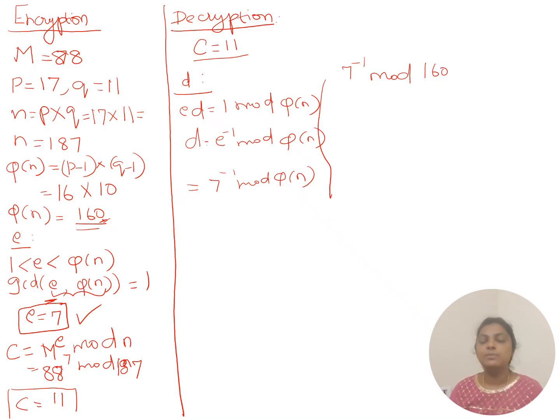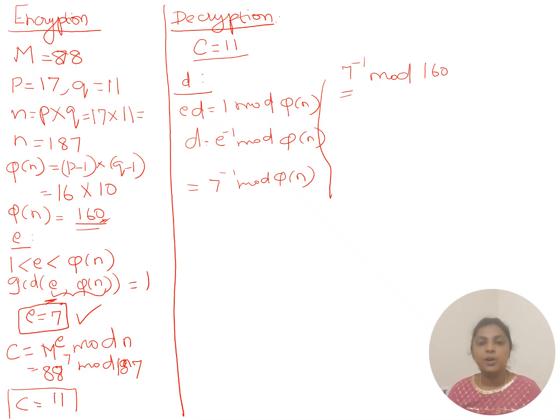Okay. So when you're finding the multiplicative inverse value, we can do it in three ways. One is the trial and error easy method, and the second is the multiplicative modulo table method. I have done it in the previous videos. And the third method is solving it using the extended Euclidean algorithm.